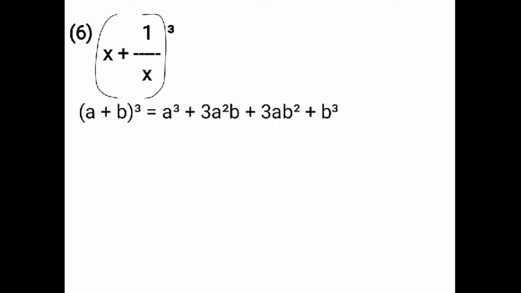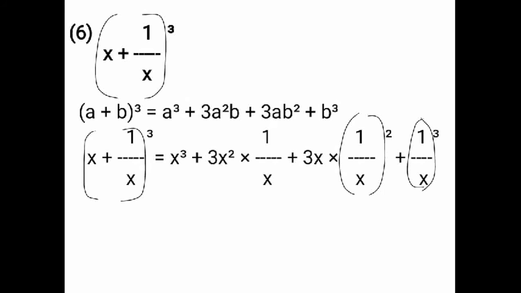You have to write the question again and then solve. That is x plus 1 upon x whole cube is equal to x cube plus 3x square into 1 upon x plus 3x into 1 upon x square plus 1 upon x cube.